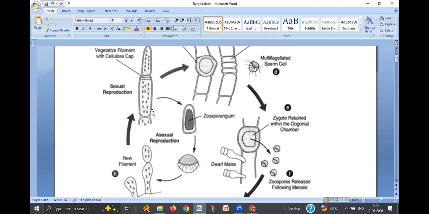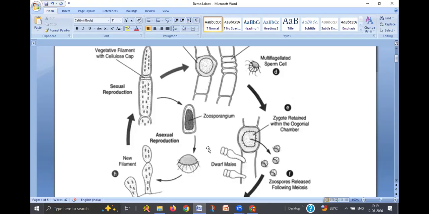Oedogonium is an unbranched filament. Here one of the cells forms the zoospore. That cell is called the sporangium. It forms zoospores, so that cell is called a zoosporangium. What is a zoosporangium?